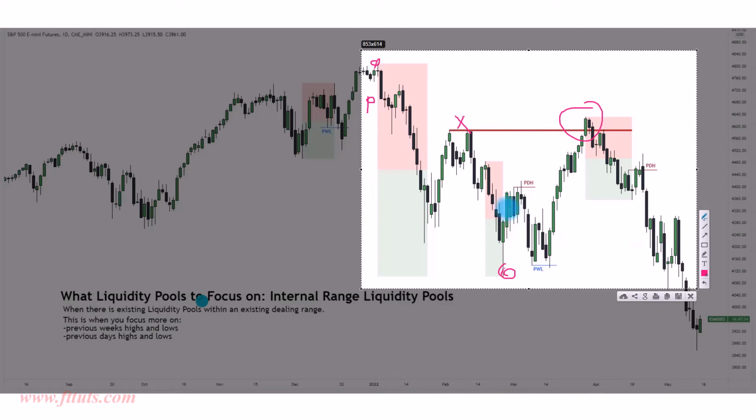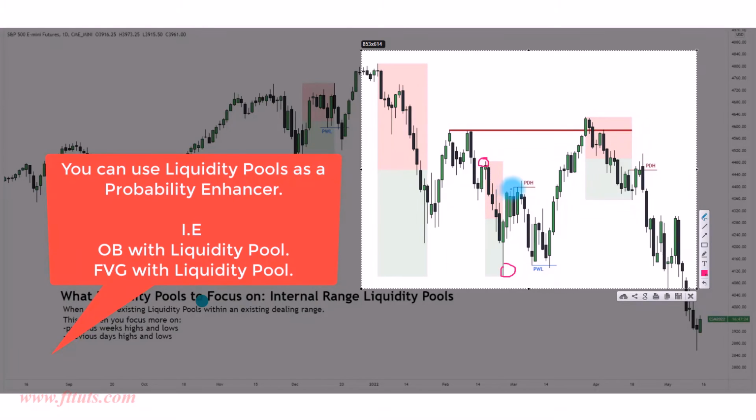Okay. Same thing here. We have this high to this low. Inside a premium, we have a swing high there. And like I just mentioned with the order blocks, you can blend an old high with an order block here.